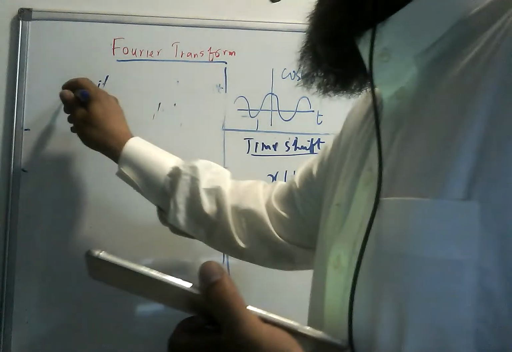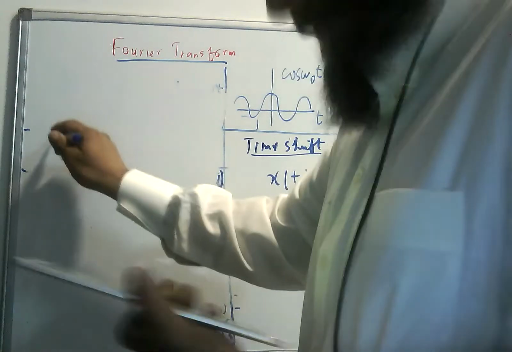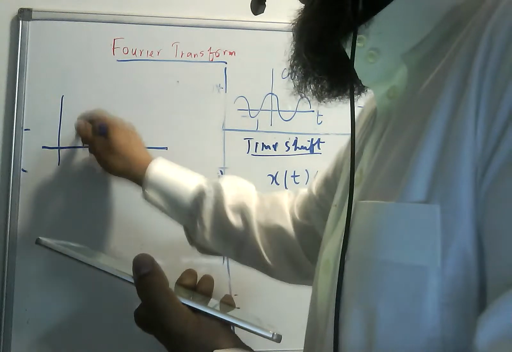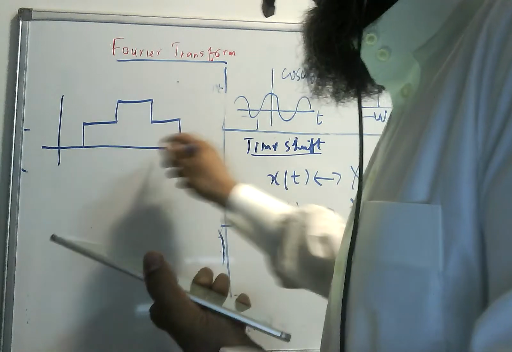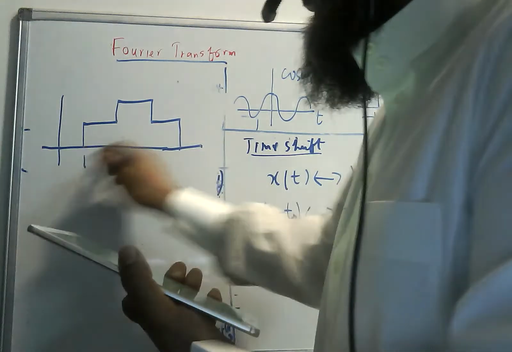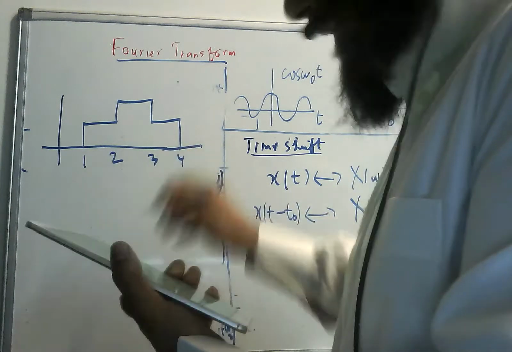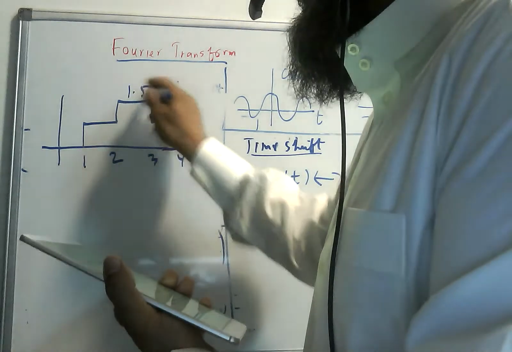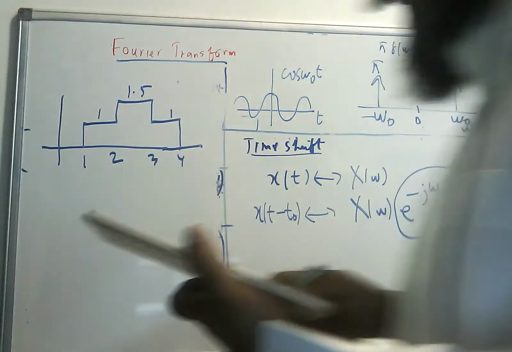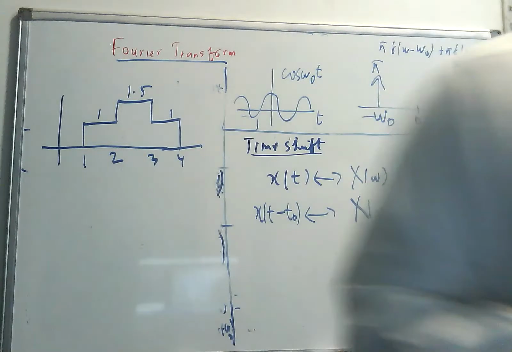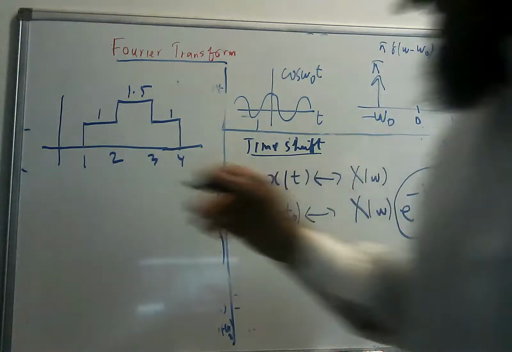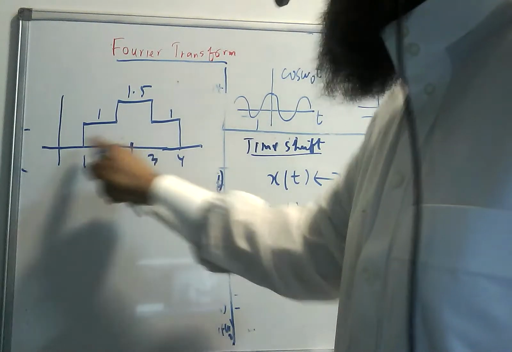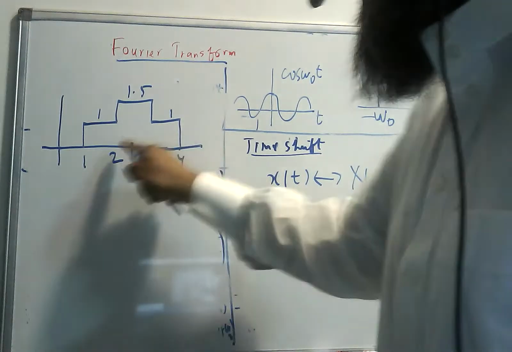So I have this function here, 1 2 3 4, as this function is 1.5 here and 1 here. As you can see, it is a combination of two rectangular functions. Now these two rectangular functions, one of them is this and one of them is this.